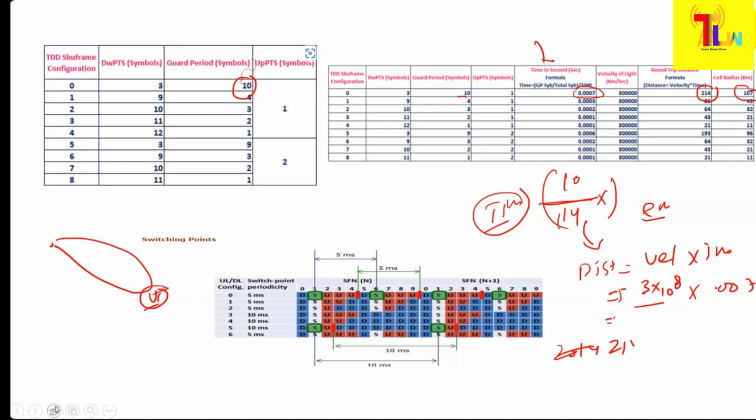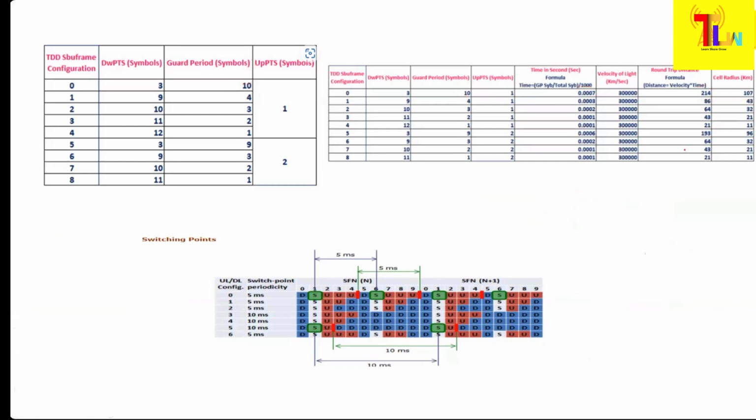Now let's build the concept from this calculation. Thinking in reverse: if the UE is at 107 kilometer or 100 kilometer, then 10 OFDM symbols are required to accommodate it and avoid interference. If some user is at 10 kilometer, it will require only one OFDM symbol.